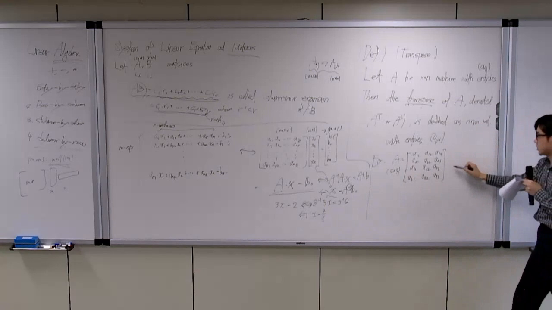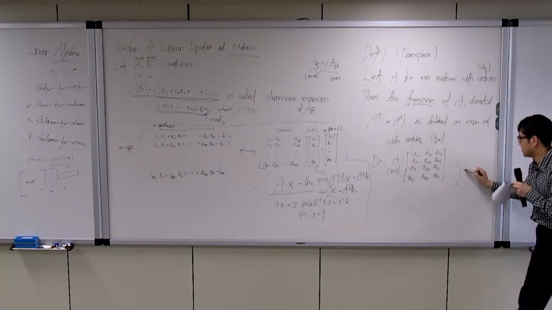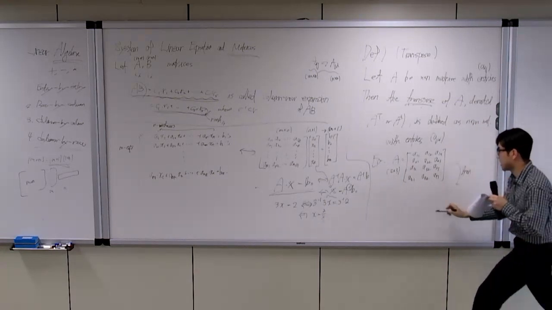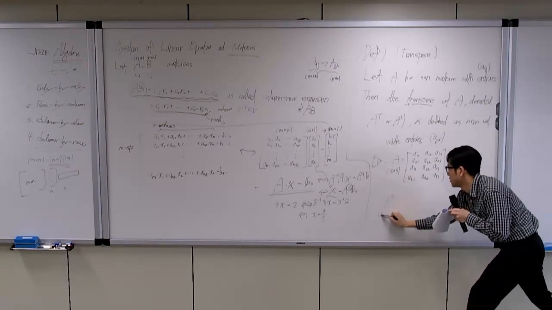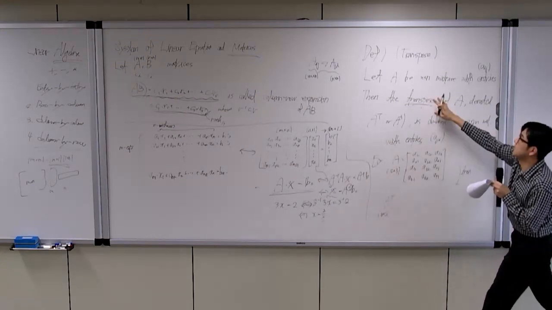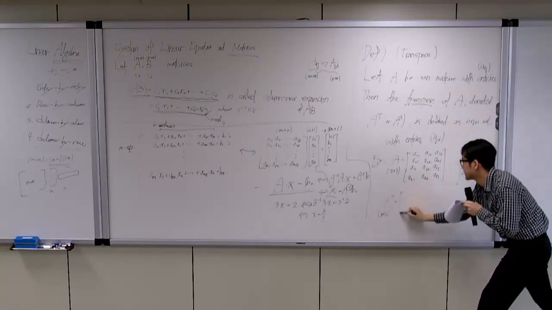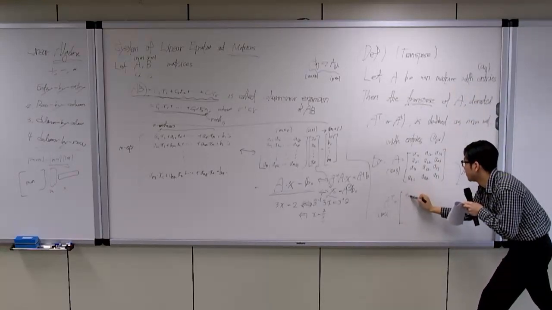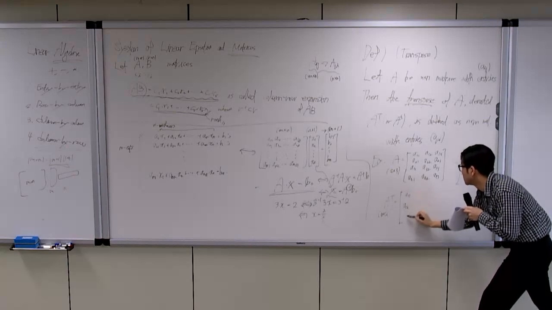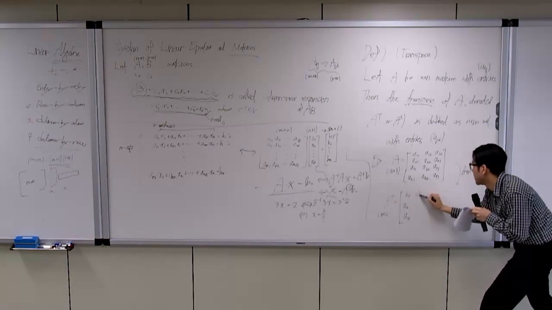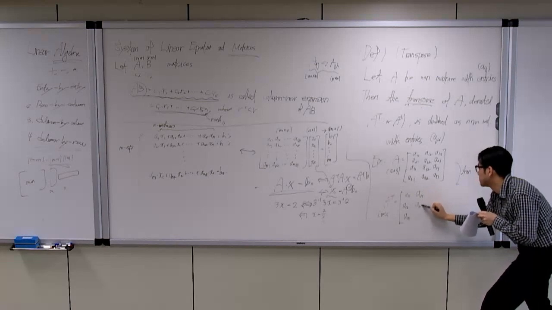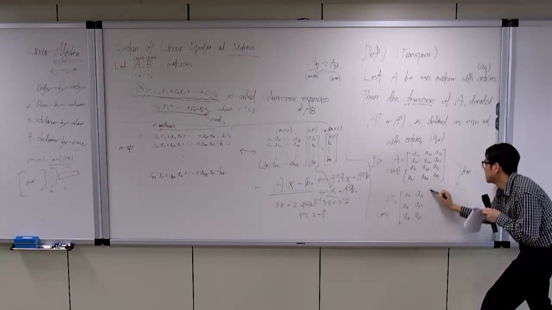Then the transpose will be a 3 by 4 matrix, because we change the rows and columns. It gives A11, A12, A13, A21, A22, A23.